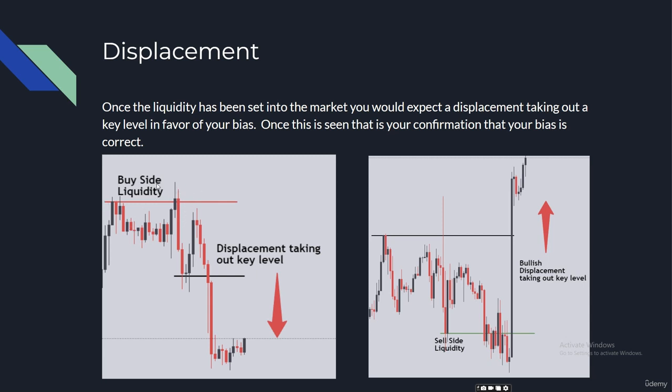Price would trade higher, take out the buy side liquidity before trading lower pretty strongly, and then retracing back up to fill the gap at the order block level for a displacement, taking out this key level. And this would also count as a displacement, taking out this key level. Then on the flip side, we have the sell side liquidity here. Price trades down, taking the sell side liquidity before this bullish displacement, which confirms our bullish shift in market structure. It confirms that the market really is bullish.